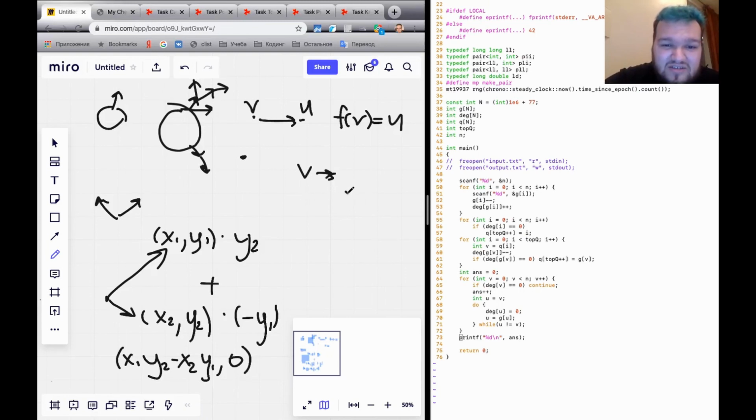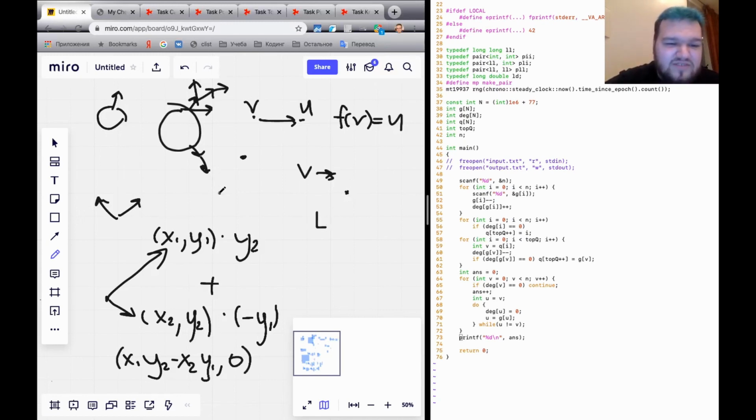Let's say we want to go to some point, and our shortest horizontal move has length L, but we cannot get here. Why? Because we will come to some point, for example here, and then we can change our x coordinate by L. And it can happen that the remainders modulo L of the x coordinates of these two points are different.